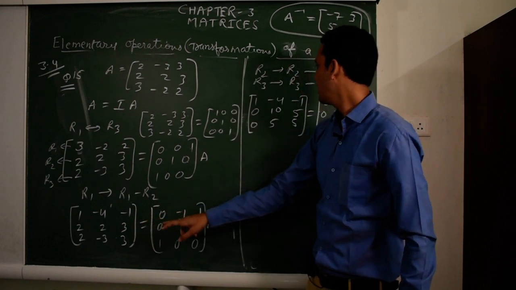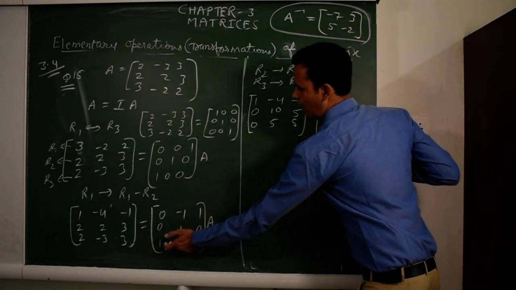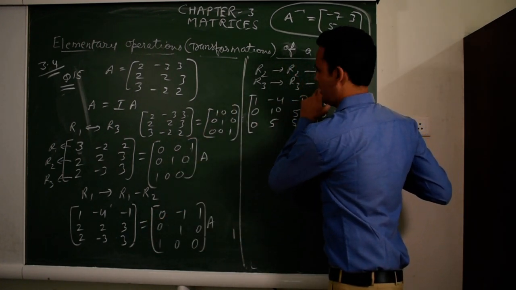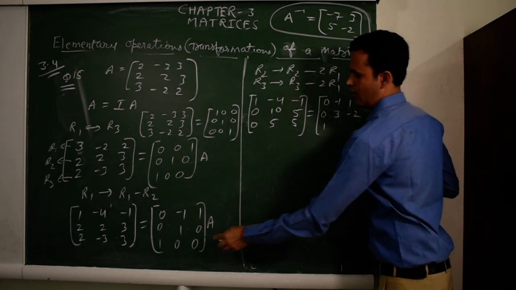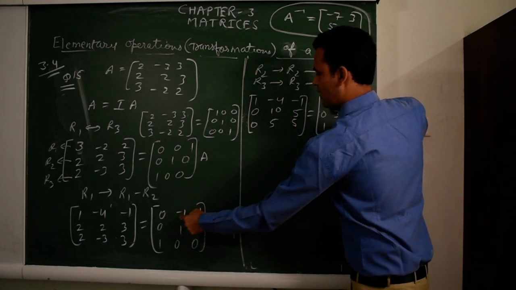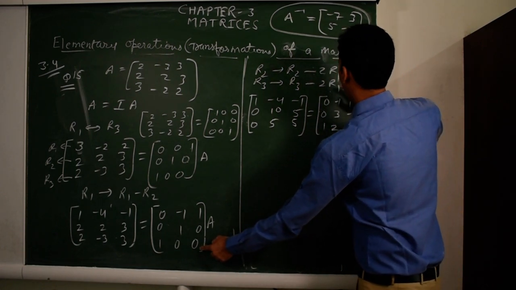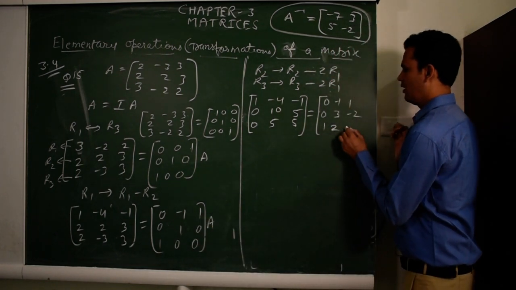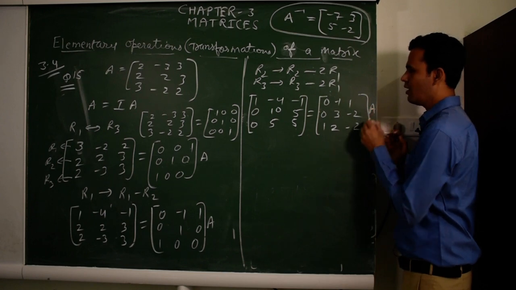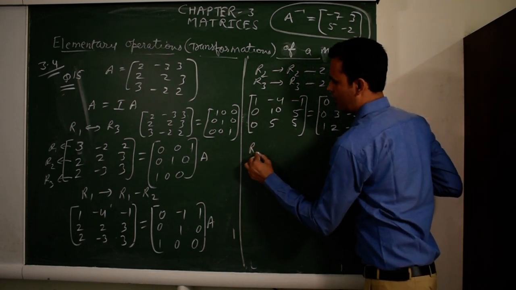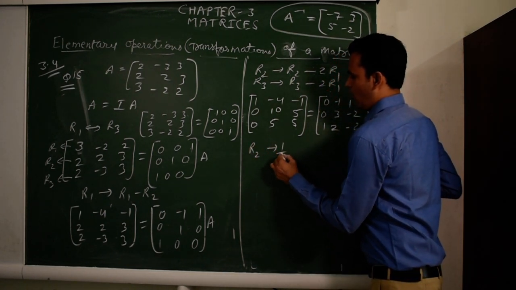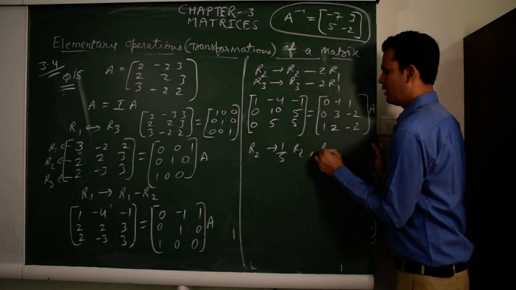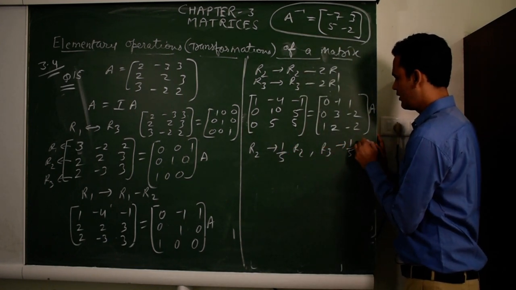Same change, R3 minus 2R1. So R3, 1 minus 0 is 1, 0 minus minus plus 2, it's 2, and 0 minus 2, it's minus 2. This is A. Now change in R2, 1 by 5 R2, and change in R3, 1 by 5 R3.